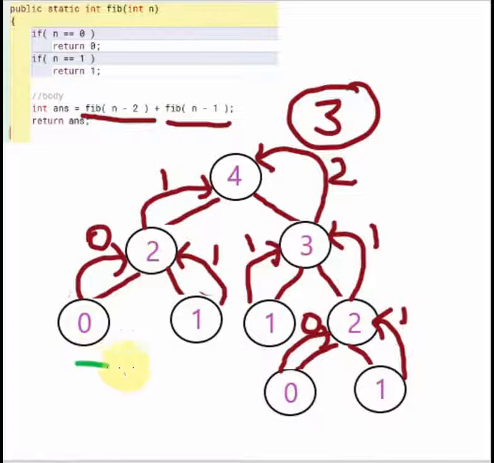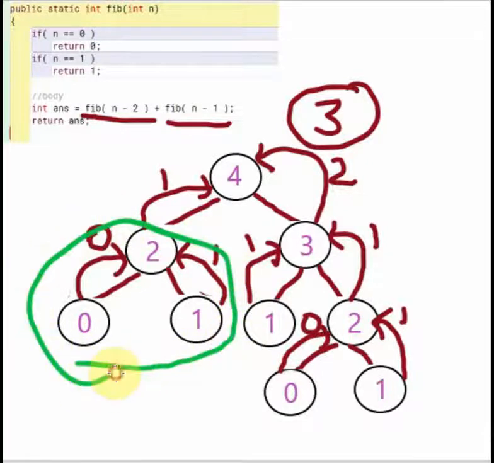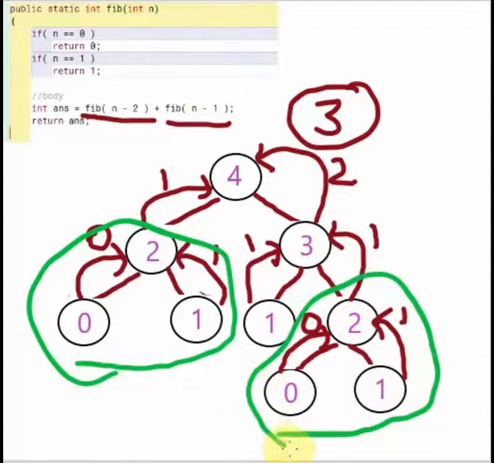And so instead of doing all the work here and then coming over here and doing all the work all over again, it would make sense just to do the work once, save it, then when we come across the same problem again, just to look it up in a table and then use it again. Since this problem is pretty small, you may not notice the benefits of it.